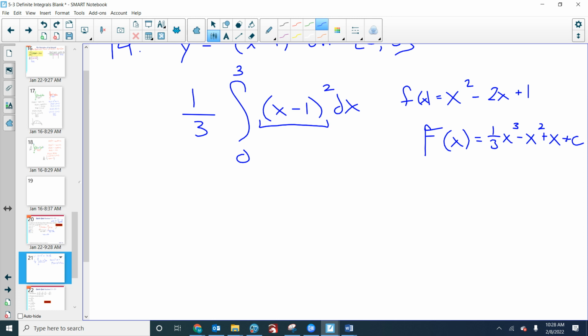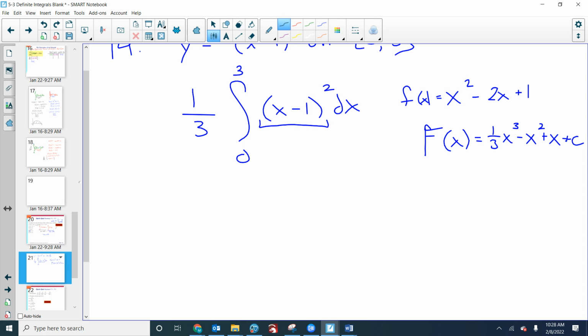18. 18 was 0. Did you read the directions on 18? It said by appealing to the geometry of the function, right?